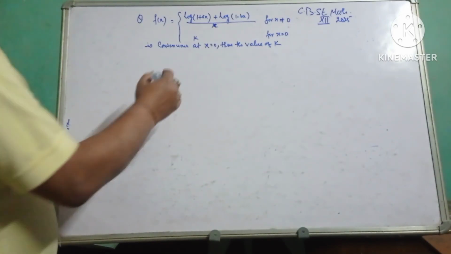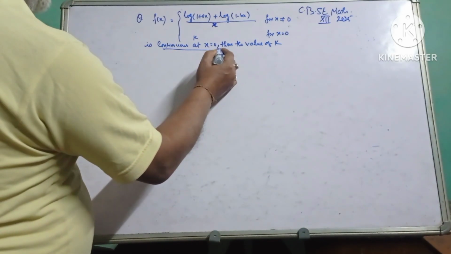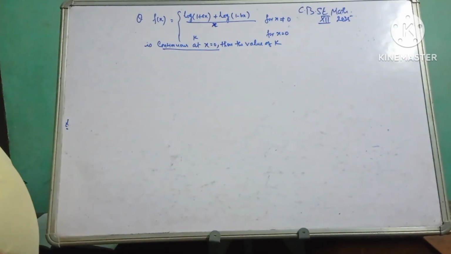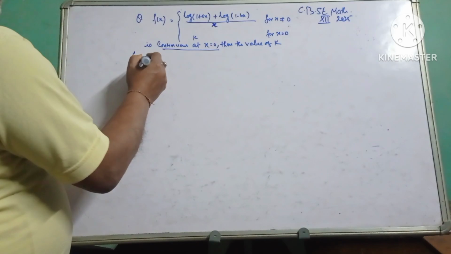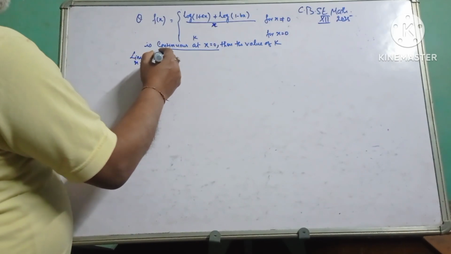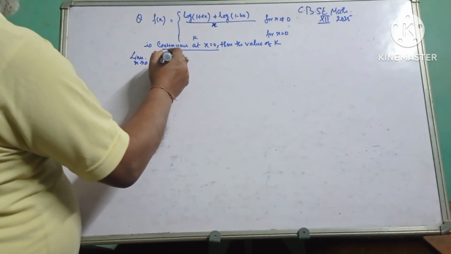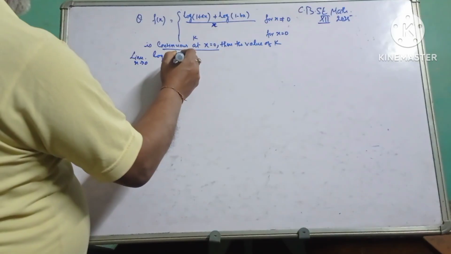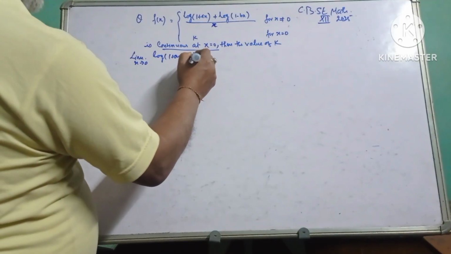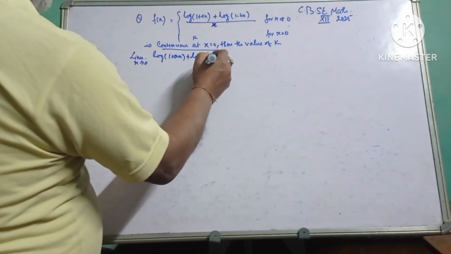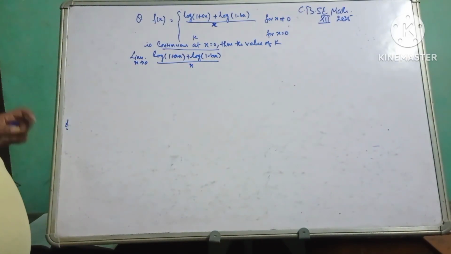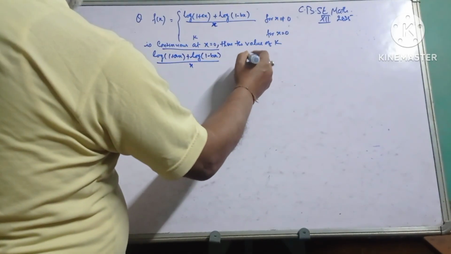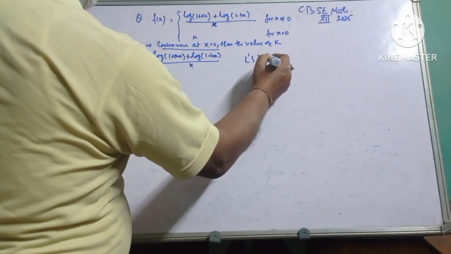Because it is stated that it is continuous at x equal to 0, let us take the limit as x tends to 0 of log(1 plus ax) plus log(1 minus bx) by x.